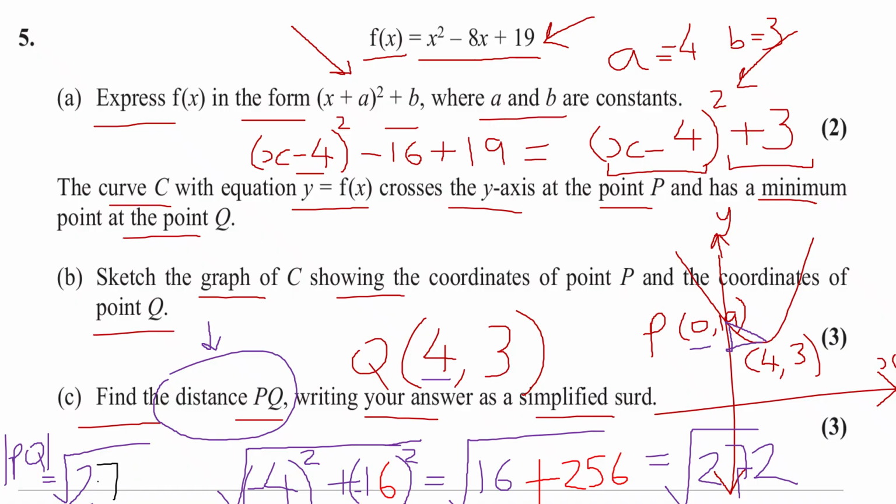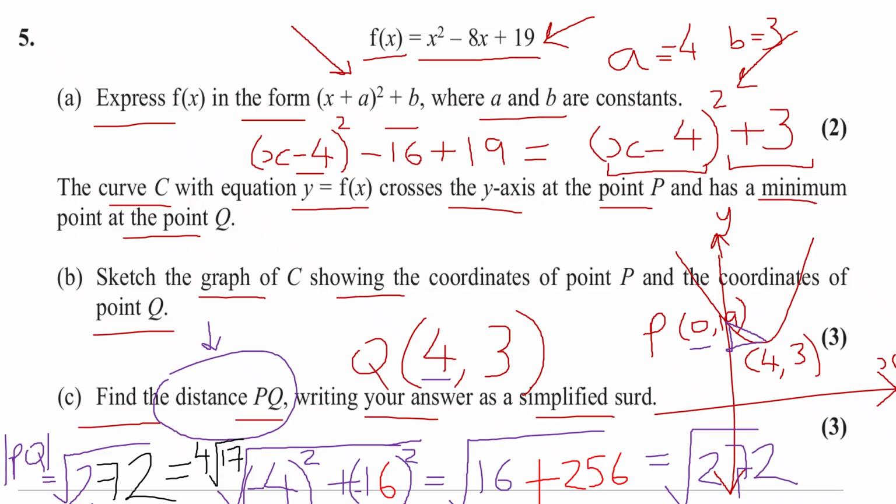This can be simplified because obviously it's an even number. Again, I'm going to cheat a bit here and just do it on my phone because I really can't be bothered to work it out long-windedly. When we do that, we get 4 root 17. So we have root 16 times root 17, so it's 4 root 17. Sorry about that, guys.